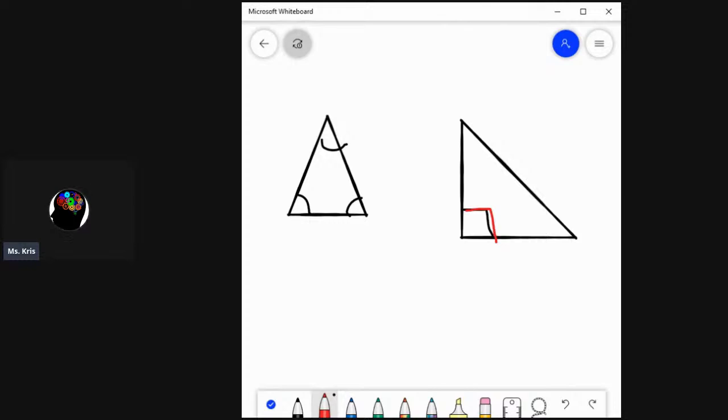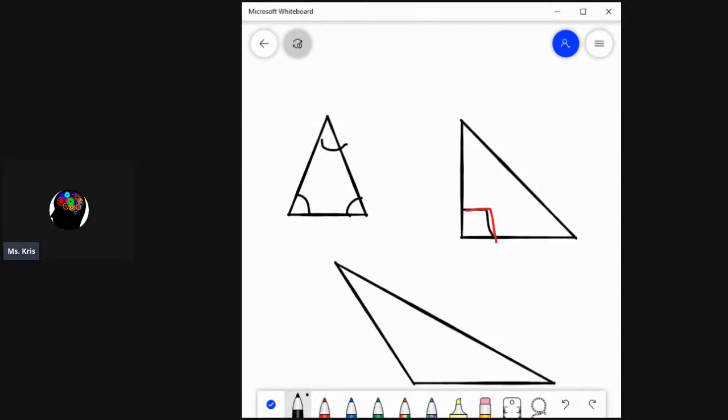So now we also have an obtuse triangle, and of course the obtuse triangle simply means you have one angle that is more than 90 degrees.